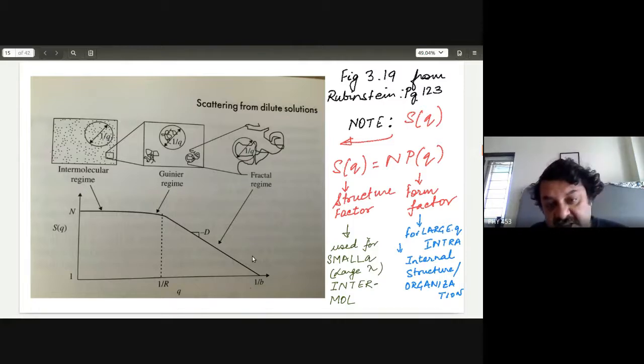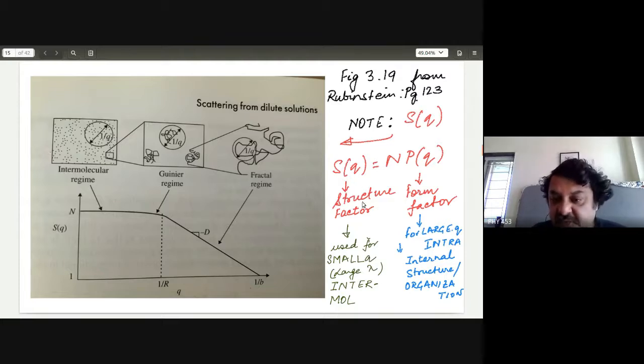And for larger q, or even smaller wavelengths, smaller length scales, you are looking at intramolecular scattering, where you can figure out whether the chain is behaving like an ideal chain conformation or like a real chain. So it's the so-called fractal regime, and you're getting information about conformations smaller than the size of a single polymer.